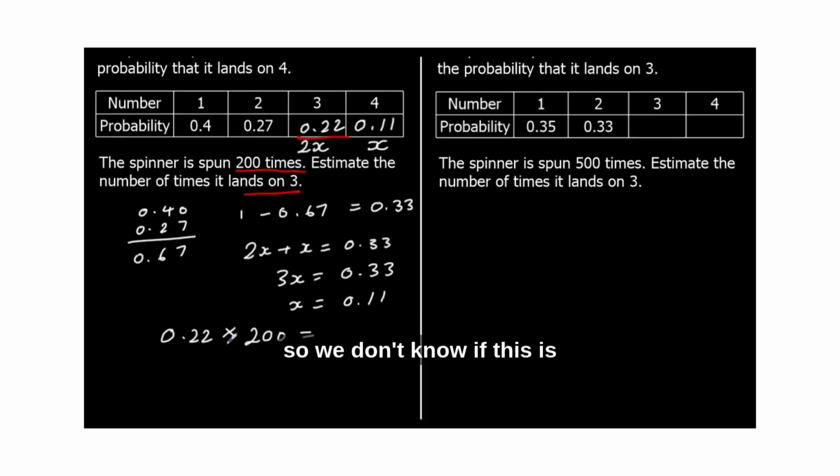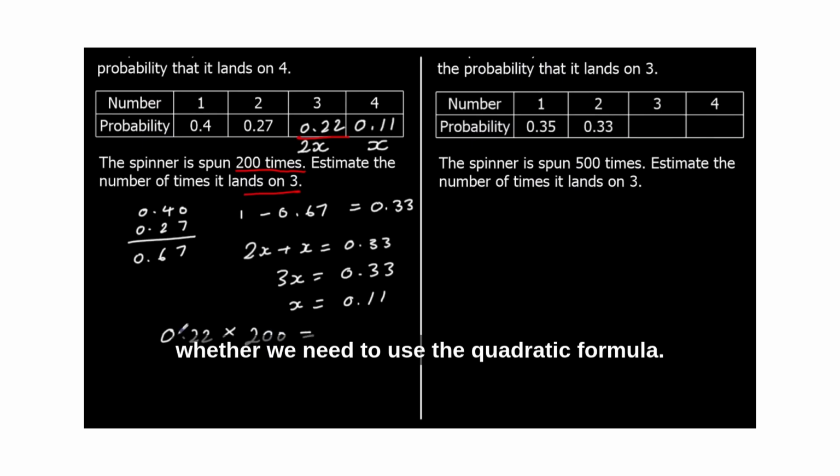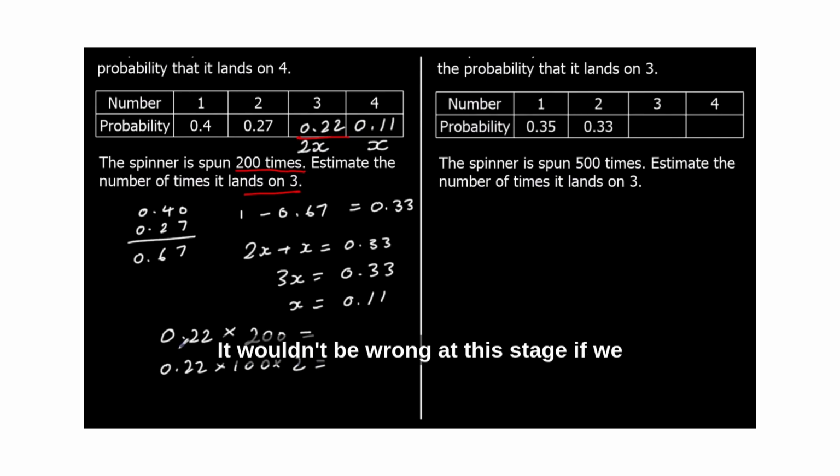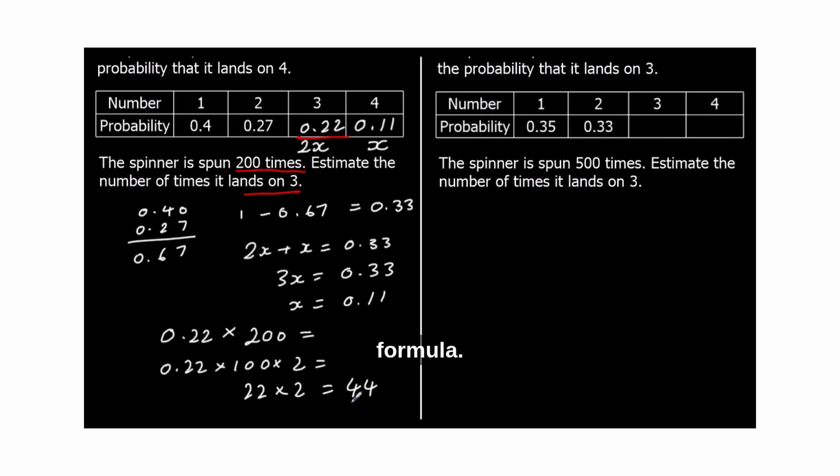Well, we can think of this as if we times by 100 first, and then 2. So 0.22 times 100 times 2. So 0.22 times 100 is 22. 22 times 2 is 44. So the estimate is 44 times.